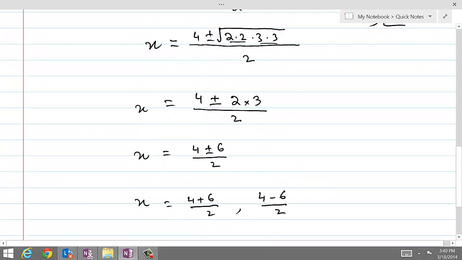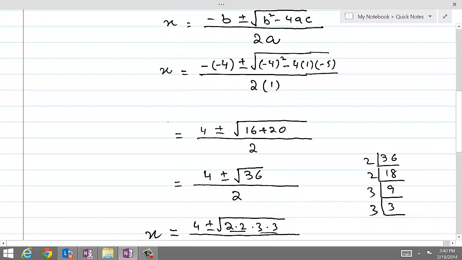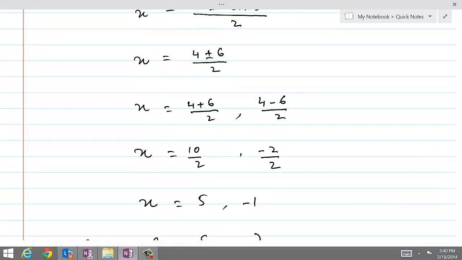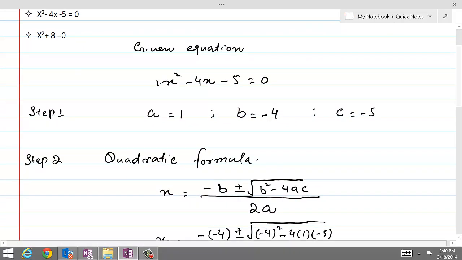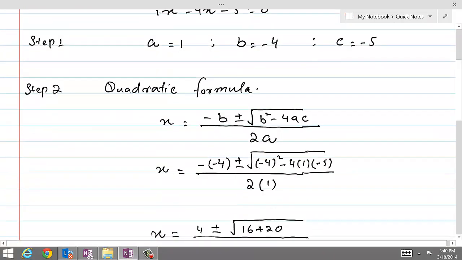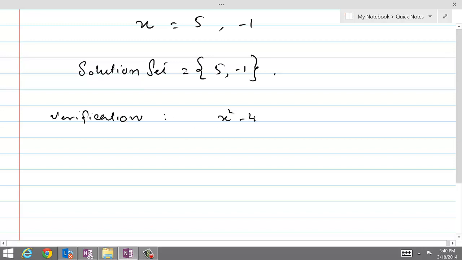And we can run the verification process if we want to. We have missed a couple of x here, and now if we want to run the verification process, we can take a look at the equation x squared minus 4x minus 5 equal to 0.